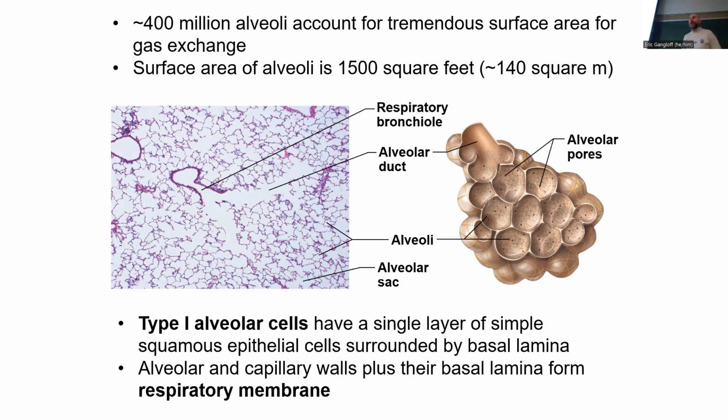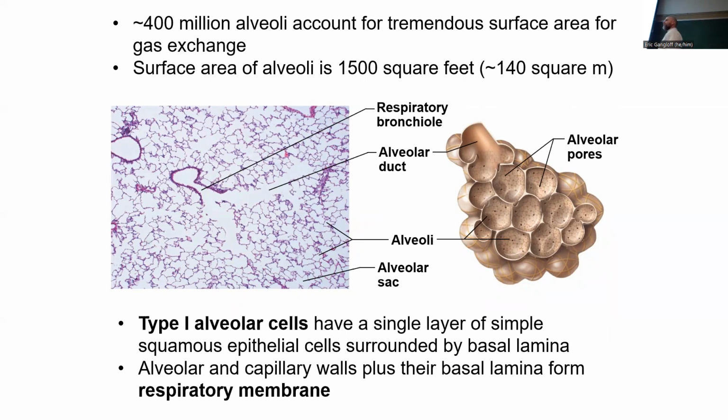Because of the structure of the alveoli, because they're all of these little, basically spherical structures and they're clustered together and they fill up our lungs, if you took all of that surface area and stretched it out, we have something like 400 million alveoli, and the surface area would be about 140 square meters, which is approximately the size of a tennis court. So think about that.